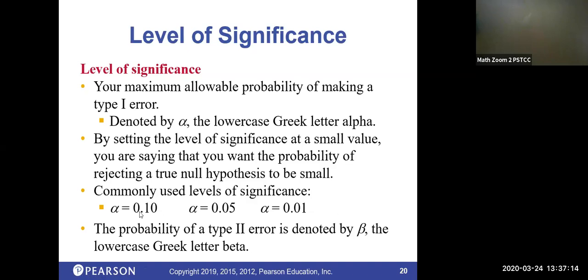Common alpha values that we'll look at are 0.1, 0.05, and 0.01. The probability of a type 2 error is denoted by the Greek letter beta. We are not going to work with beta too often in this class. More often, we will work with the alpha value.